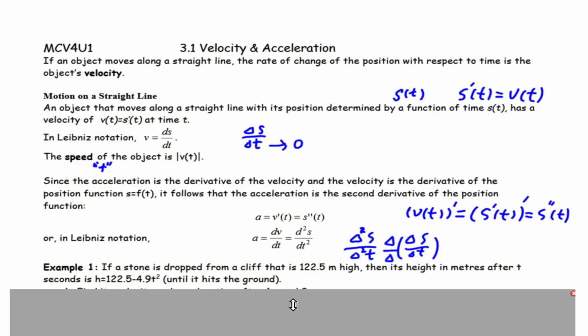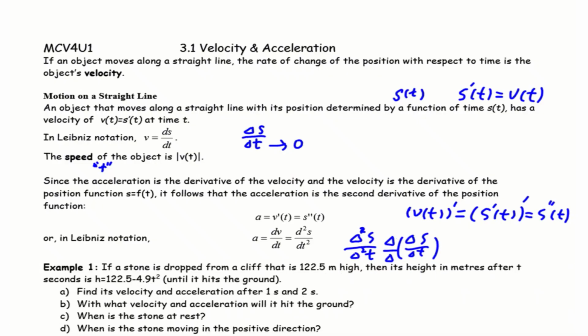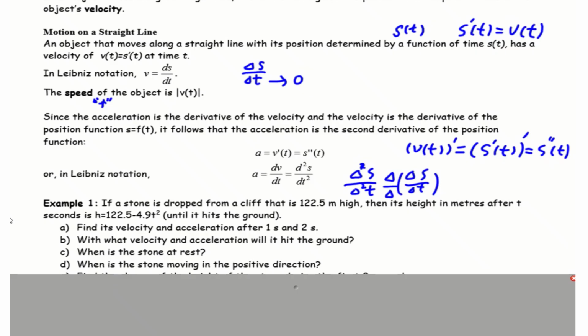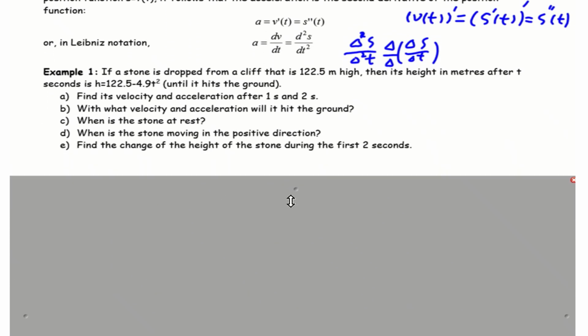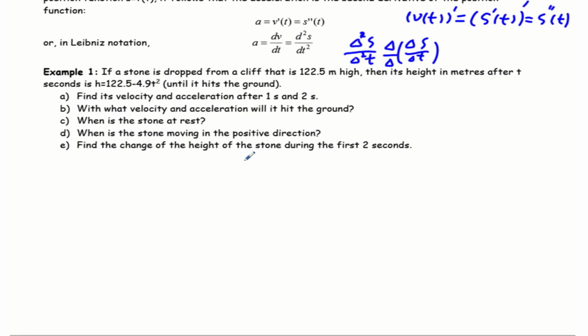Now we are going to apply this definition, with what we have known about derivatives, to solve real-world applications. Example 1. If a stone is dropped from a cliff that is 122.5 meters high, then its height in meters after t seconds is given by this expression until it hits the ground.